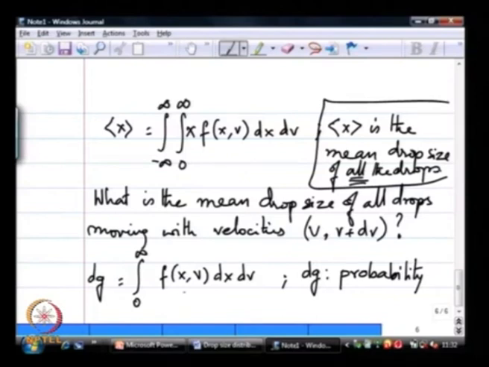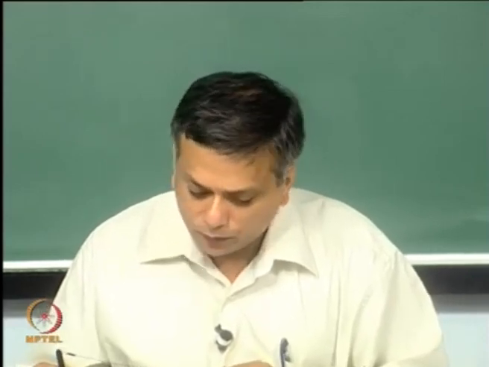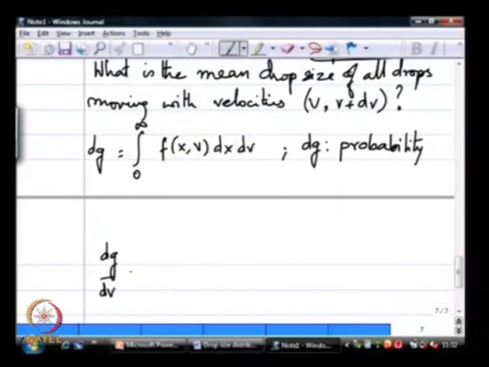So, if f of x comma v dx, and if I am only integrating in the limits over x, that is giving me a differential probability of finding a drop in the range v to v plus dv. So, let us first define that. So, dg over dv is the integral from 0 to infinity of f of x comma v dx.